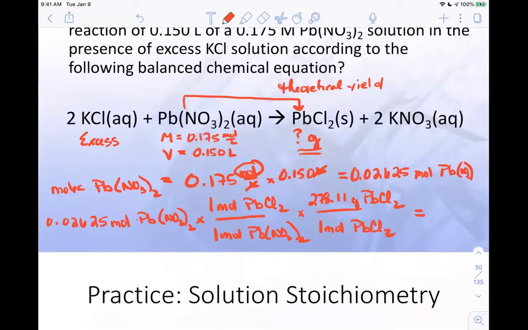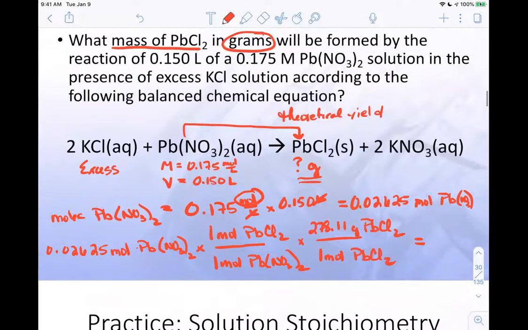And if I take that and I multiply that by my amount of moles, let me do this again, I get 0.02625 times that 278, and I get, to 3 sig figs, 7.30 grams of lead 2 chloride that is prepared.